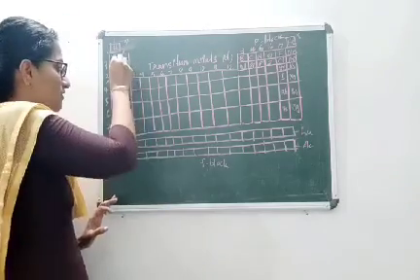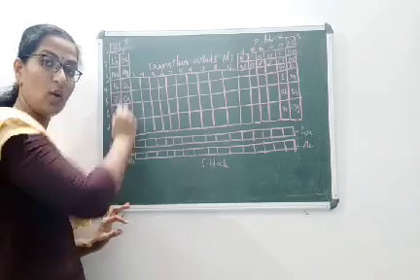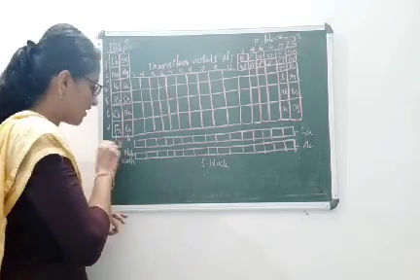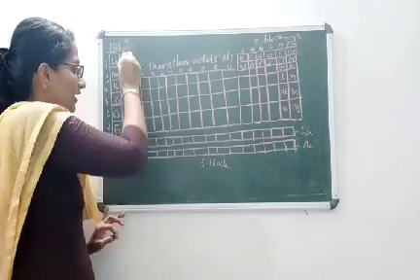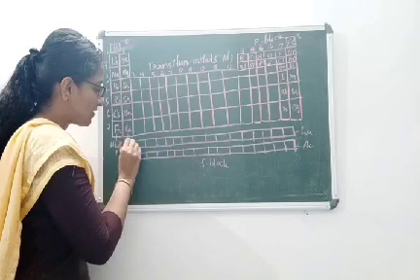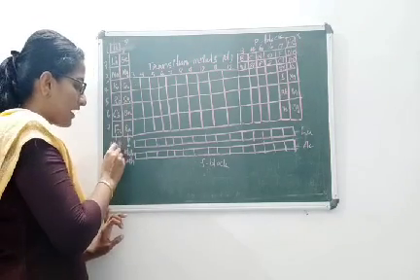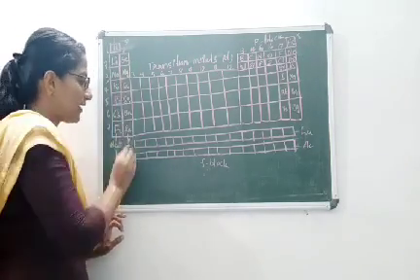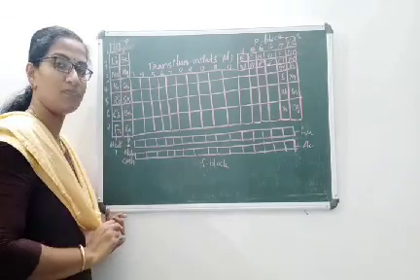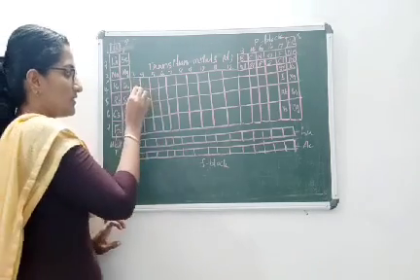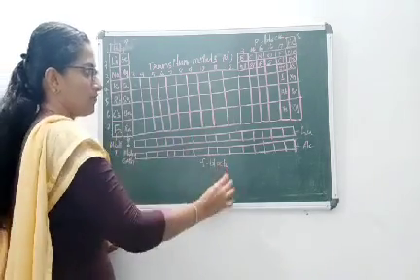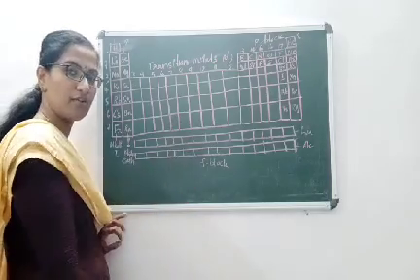All elements in the first group, the alkali metals, possess a valency of 1. All elements in the second group, the alkaline earth metals, possess a valency of 2. The transition elements, groups 3 to 12, show different valencies.